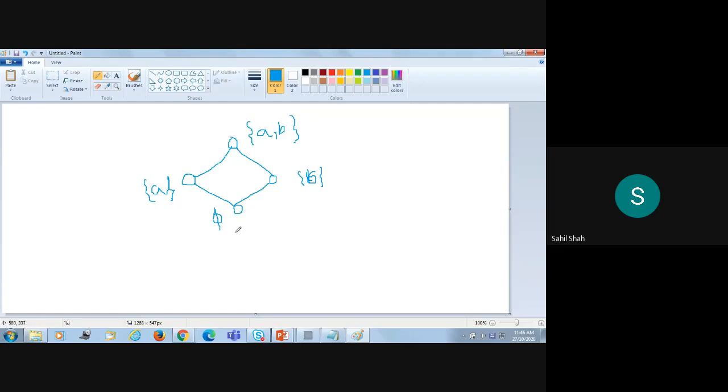In a similar manner, consider the pair phi comma A comma B. The least upper bound is A comma B itself, and the greatest lower bound is phi itself. So for any pair in this Hasse diagram, we are able to compute both LUB as well as GLB. There is no pair for which either the least upper bound or the greatest lower bound doesn't exist. Hence, this particular Hasse diagram is representing a lattice. Are you getting it? This one is a lattice.